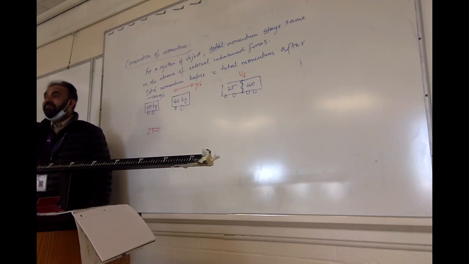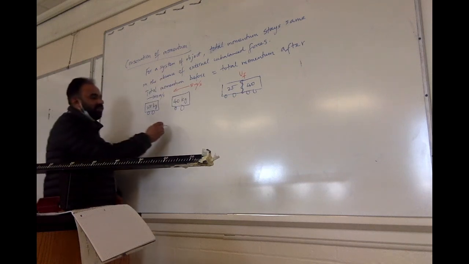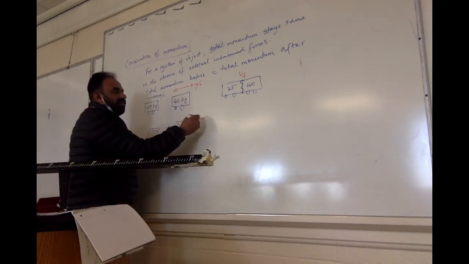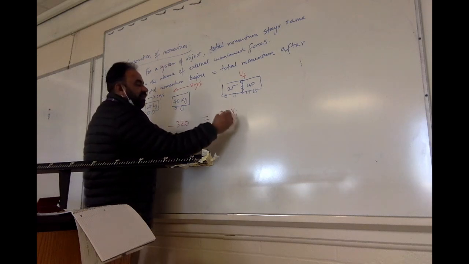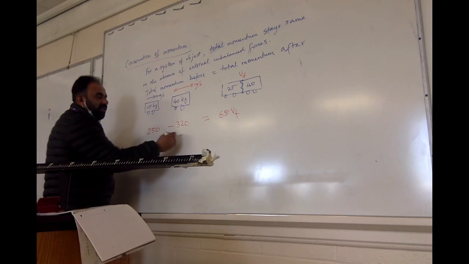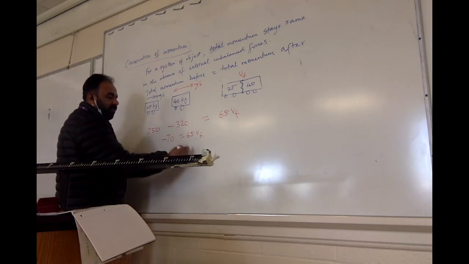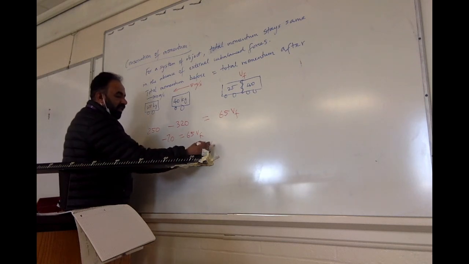What do you say? It's negative. Negative 8. Negative 320. So it's negative 320 is equal to 65 VF. And that will tell you negative 70 is equal to 65 VF. And that tells you VF is 1.07 meters per second, but minus.